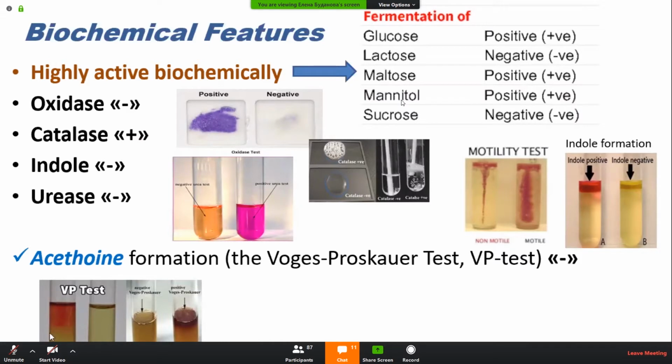And they are negative in Voges-Proskauer test, VP test, that is positive in other Yersinia. So it can be used for differentiation.